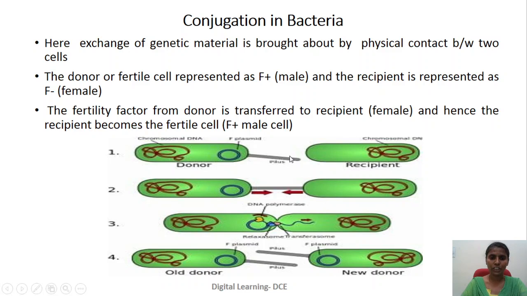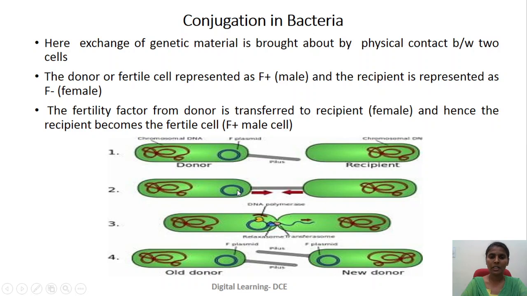At the time of conjugation, the F plus plasmid contains the fertility factor, and this factor codes for pili formation in bacteria.